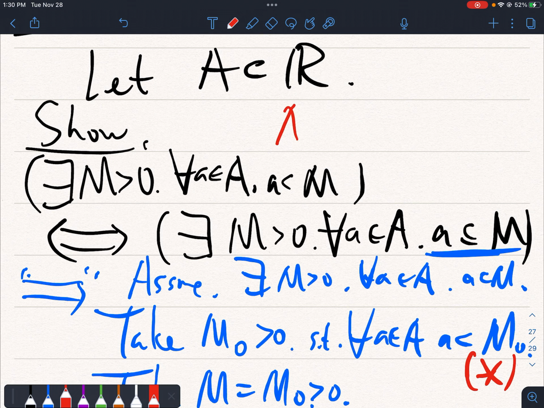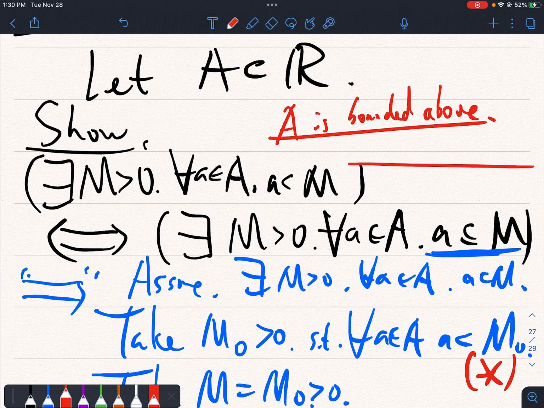So all these definitions are equivalent and they are called "A is bounded above." Geometrically, it means that for all the big values, it's not in A, which means starting from some value, all the real numbers are not in A, okay?